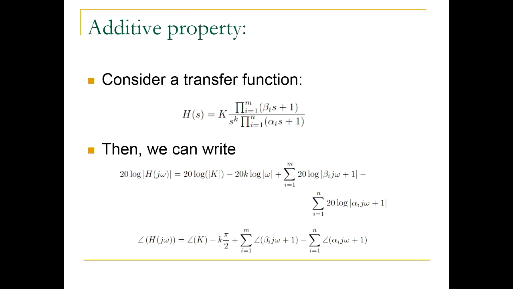So this analysis tells you, if we look at what is the Bode diagram of just a constant k, what is the Bode diagram of just an integrator, what is the Bode diagram of zeros or poles appearing in the transfer function, then we would be able to create any transfer function Bode diagram from these simple ones.